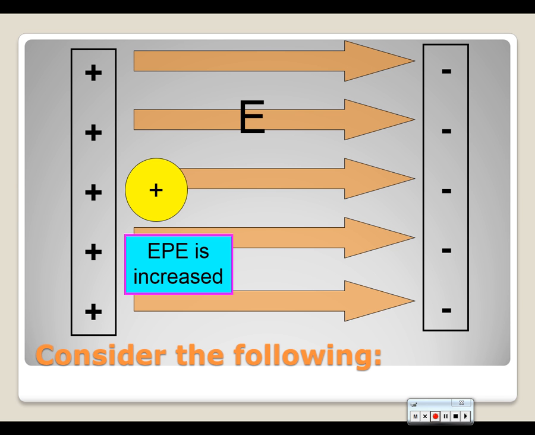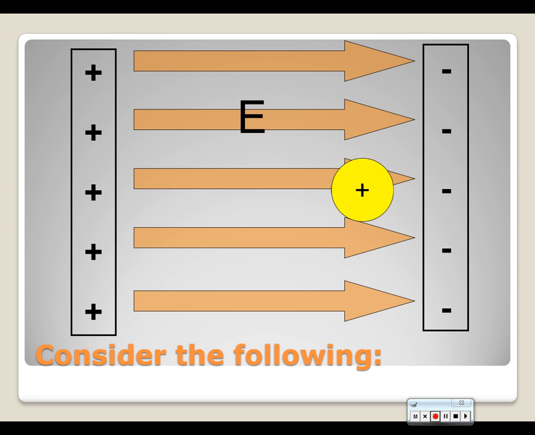But, like you said, this won't happen on its own. If we let this thing go, what's going to happen? As it goes to the negative, what would we see from an energy standpoint? Electric potential energy will go down, but what else would we see?